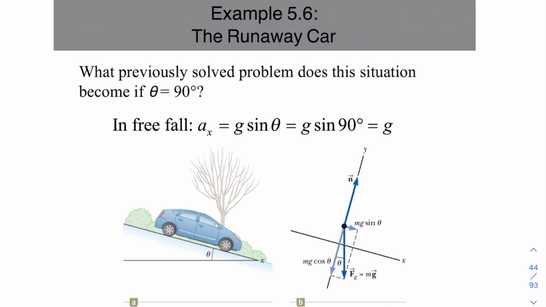What previously solved problem does this situation become if the angle is 90 degrees? The angle theta becomes 90 degrees. You just imagine, the angle here becomes 90 degrees, so it's like this, isn't it?